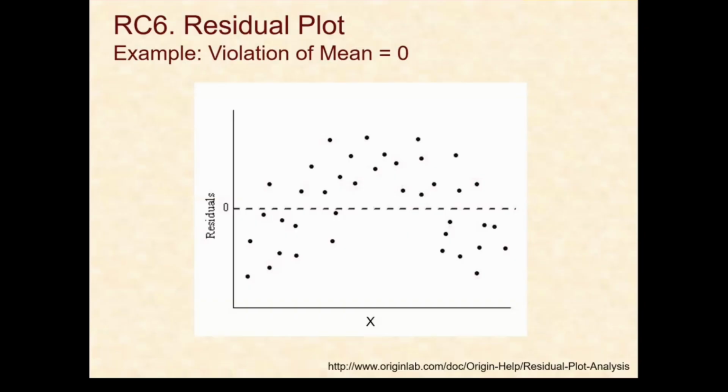That is, there's an indication that the mean of the residuals is changing as the predictor changes values, and in a systematic fashion. This is a violation of the assumption that the mean of epsilon stays fixed at 0 across all possible values of x, that is, as we scan from left to right.